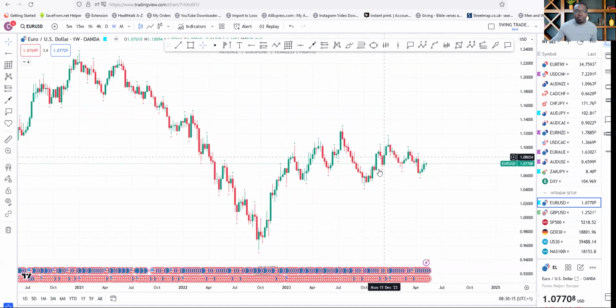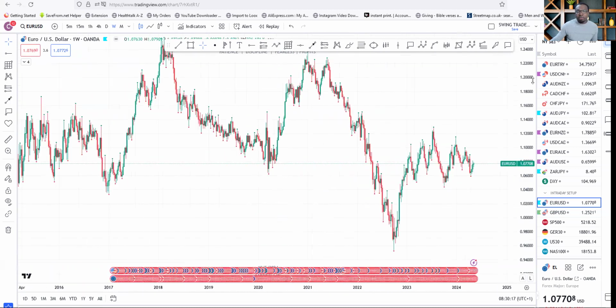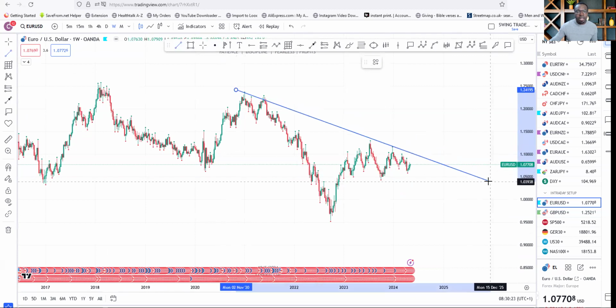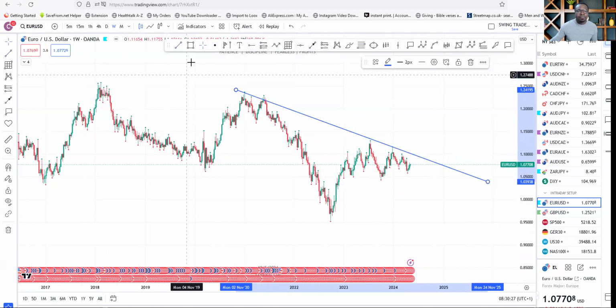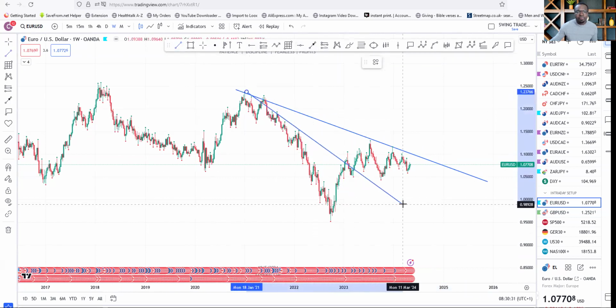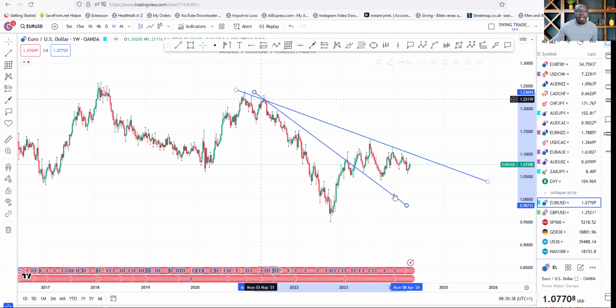If you were to look at the previous week, and check the whole picture, you can see that if I put my trend line here, I will consider that as bearish momentum. That's number one. Number two, I could put my trend line here, let me put it properly from the high.